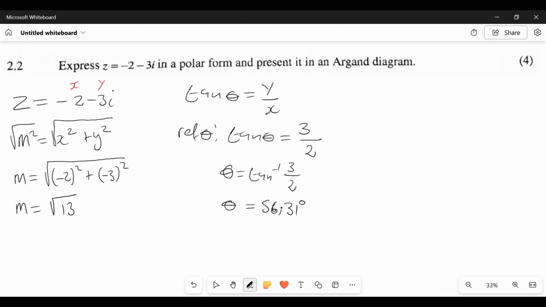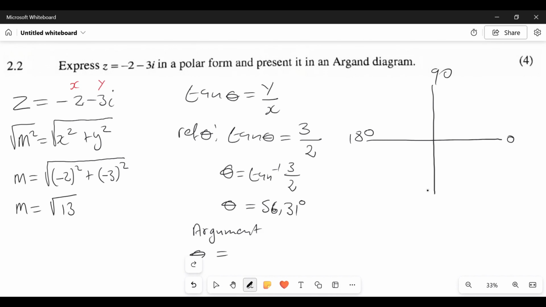Remember, this is not the actual angle or the actual argument. To get the actual argument, let me say theta. Like I said, this is happening in the third quadrant. On the third quadrant, as you can see, our x is minus and our y is also minus.